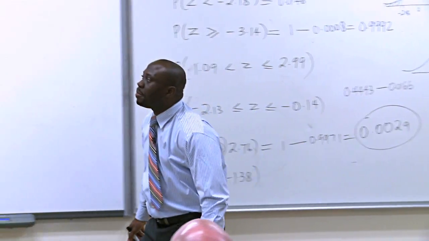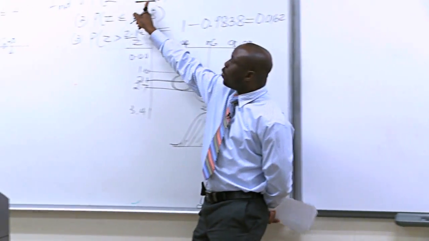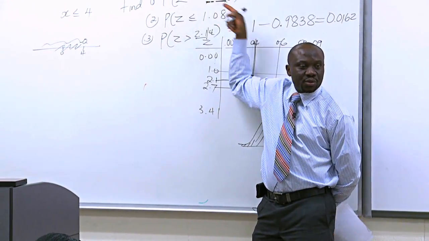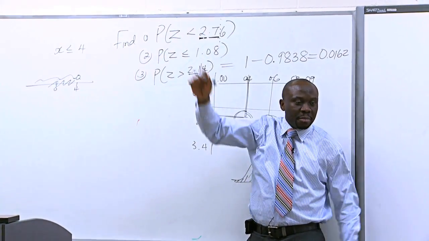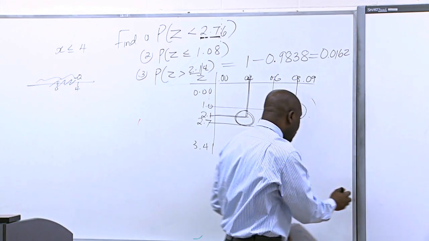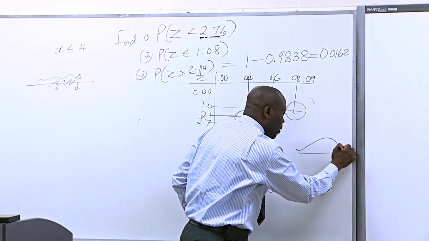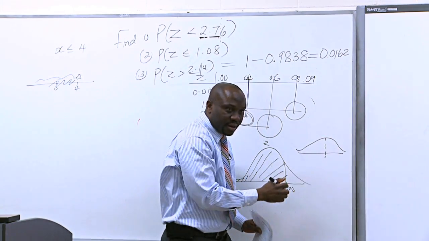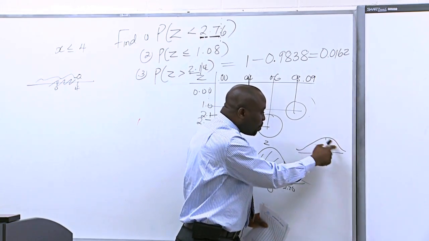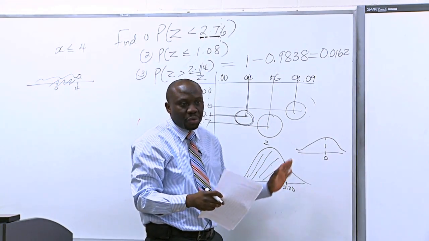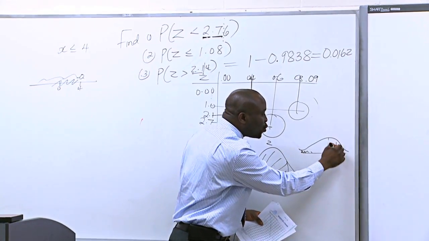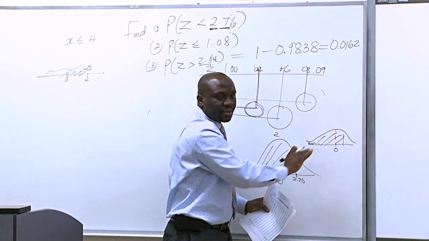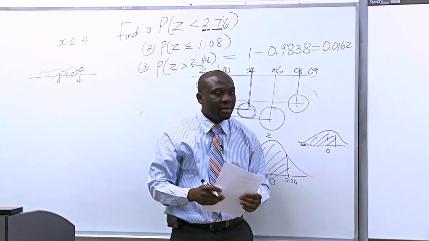Over there is Z to negative infinity. But if you restrict yourself to this, then you know that you are playing under this curve. We're not going beyond that. So we say start from here up to wherever you are asked to do. So you are still under the curve.